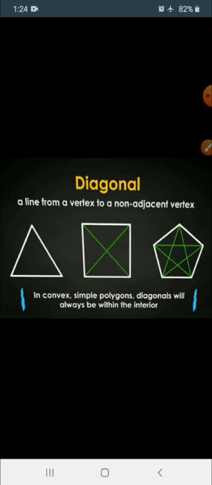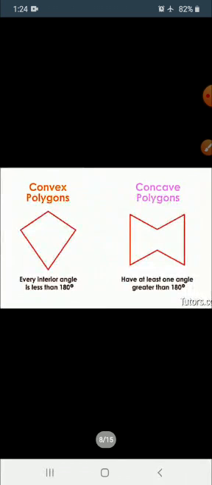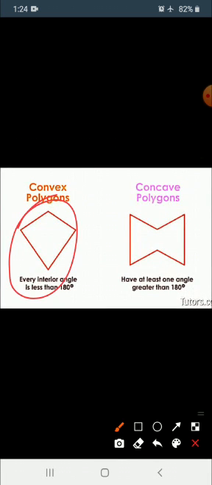Now, what is a convex polygon? If it is a closed polygon, here, this is an example of a convex polygon and this is an example of a concave polygon. In a convex polygon, all the angles should be less than 180 degrees, as you can observe in this figure.